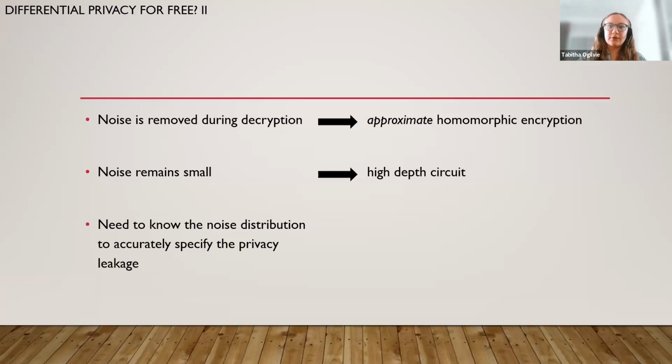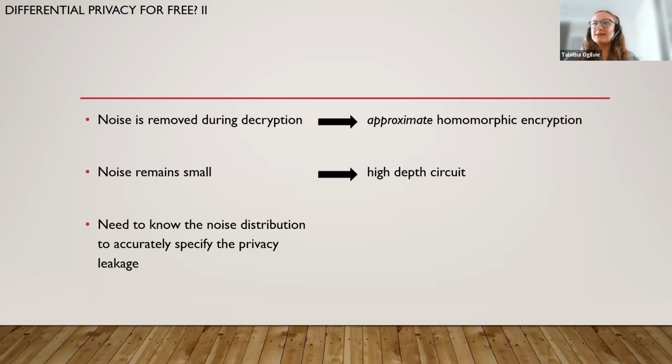But that guides our intuition that there probably are circuits for which the noise does not remain small, or we can allow the noise to grow to a point where it's useful to us. In particular, in this work, we're going to explore high depth circuits.